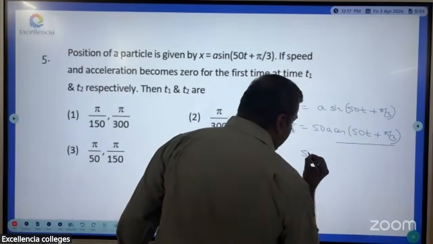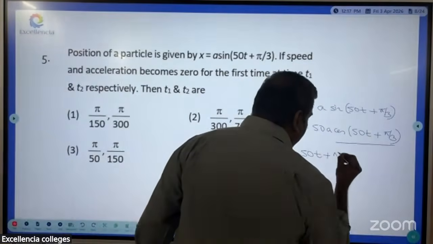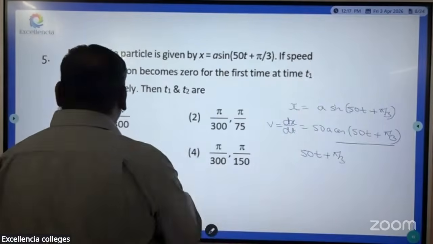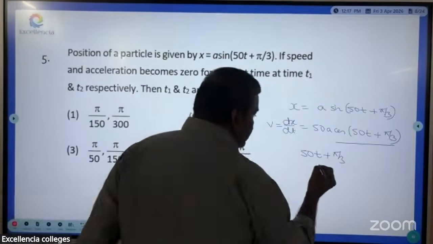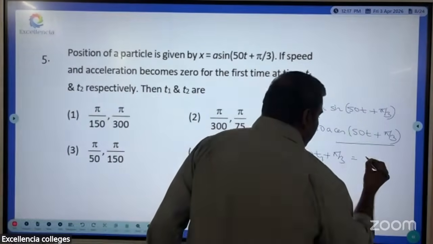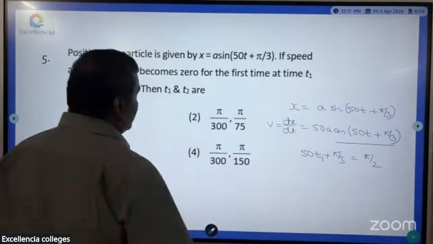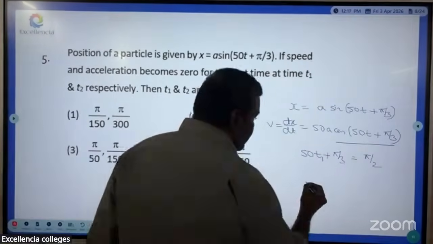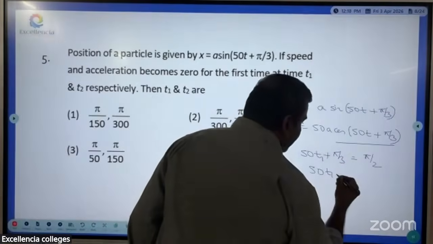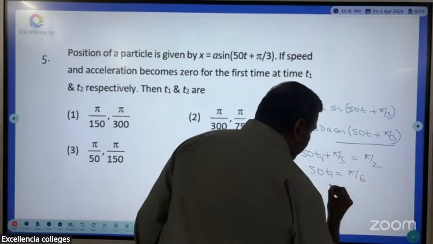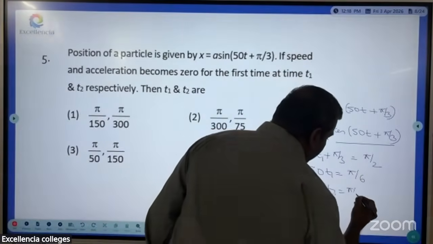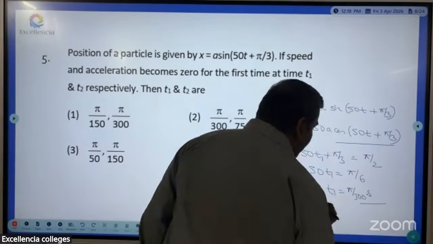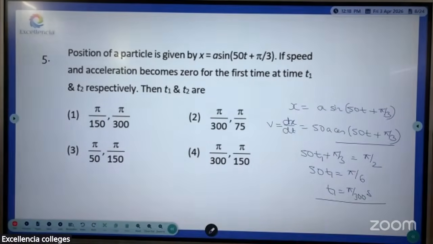That means 50t plus pi by 3, and this time is nothing but t1. So 50t1 plus pi by 3 equals pi by 2, when that cos becomes 0. That gives 50t1 equals pi by 6, so t1 is going to become pi by 300 seconds. That's the time here.